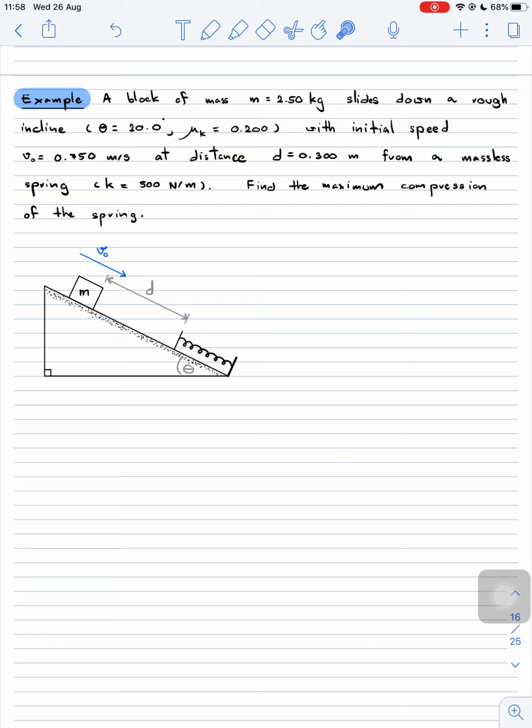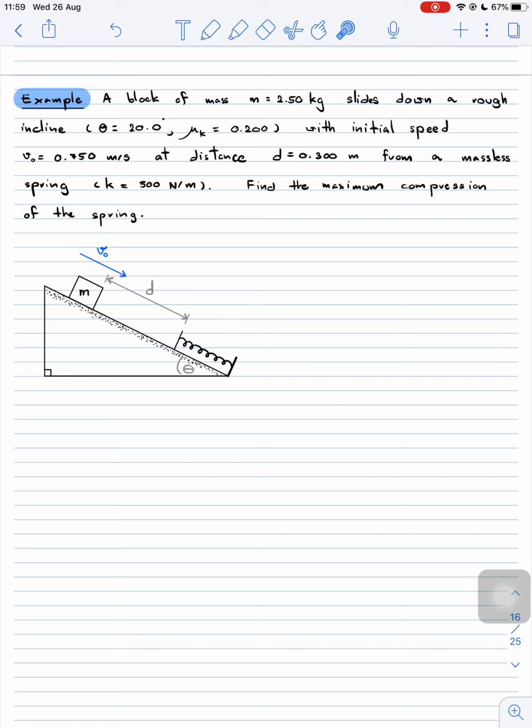Now you can see that this block just slides down the incline, speeding up until it reaches the spring. Once the block contacts the spring, the spring will be compressed, and the speed of the block will decrease because the spring tries to push the block in the upward direction.